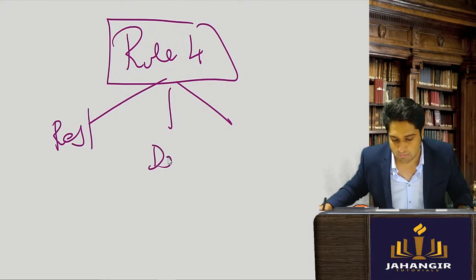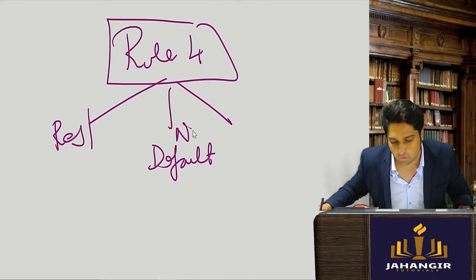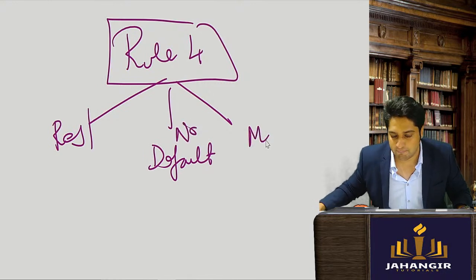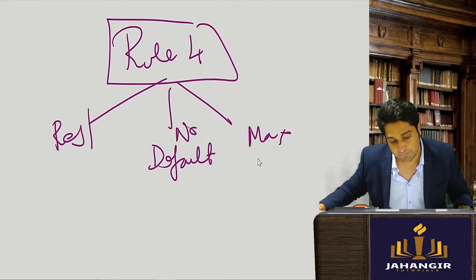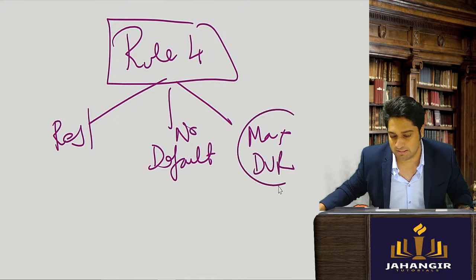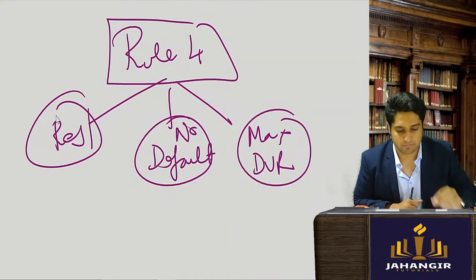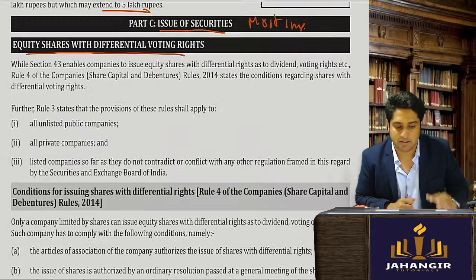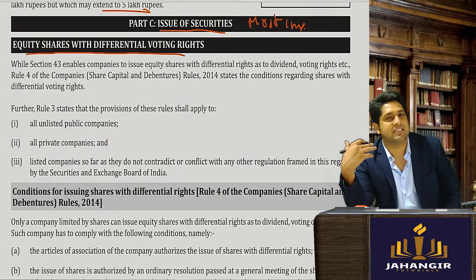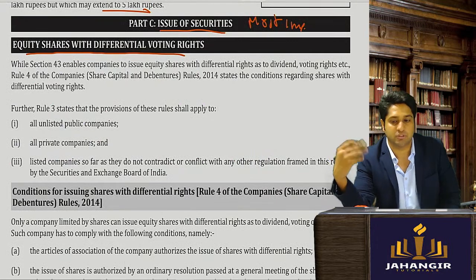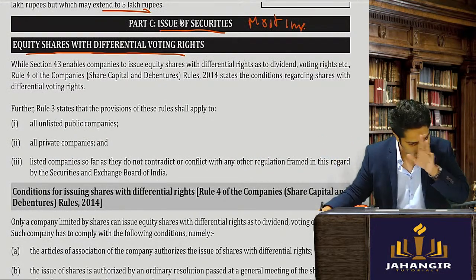Then it says that the company should not be in any default, and the maximum DVRs that can be issued. Is this clear? So these 3 points are important in Rule 4. So let's see. First, can you all tell me which kind of resolution is required to issue these DVRs?